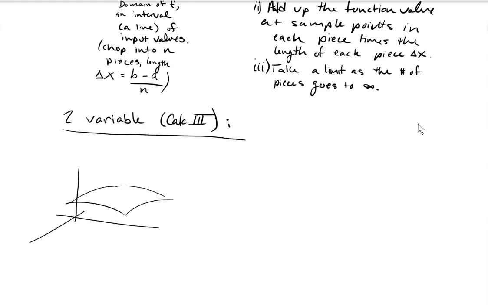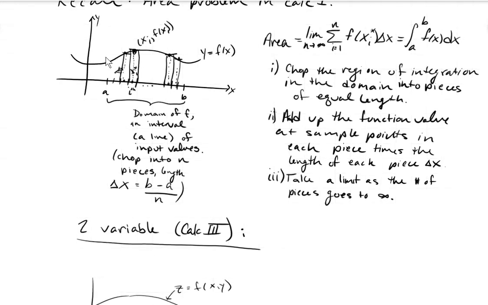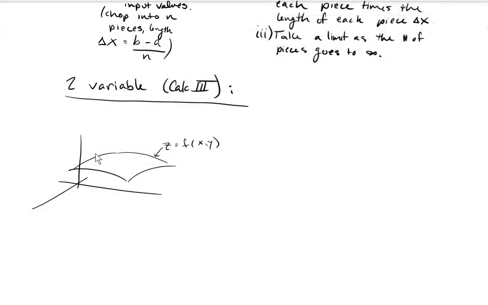We know these functions of two variables have surfaces as their graphs. So that surface is now kind of taking the place of what we had here in this curve. That was the graph of a function of one variable. Now we've got a surface as the graph of a function of two variables.